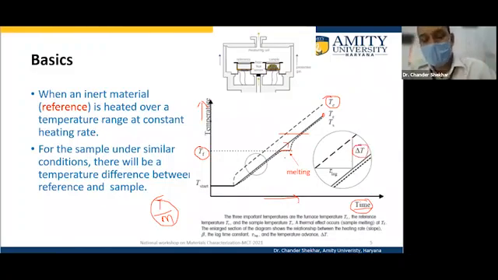To catch up, the temperature of the sample, which is now transformed, say now melted, catches up, and after some time the temperature of the sample as well as the reference follows the temperature regime. Okay, so this is quite obvious.